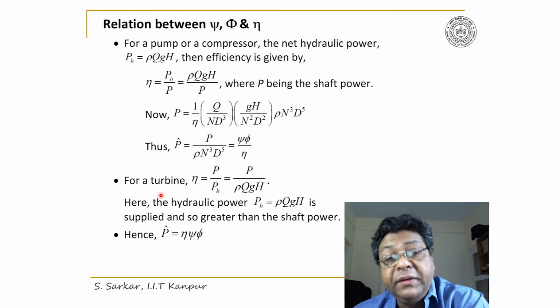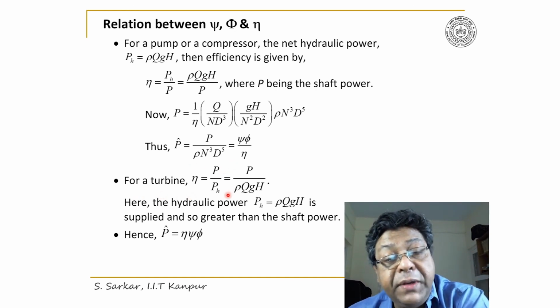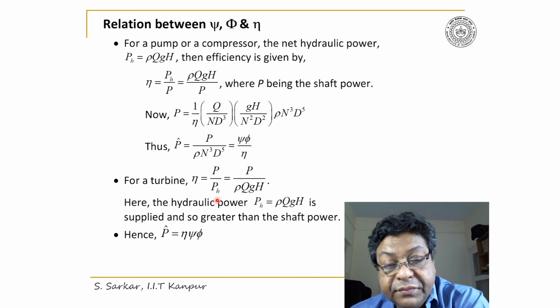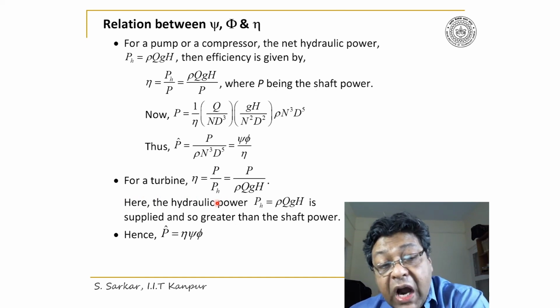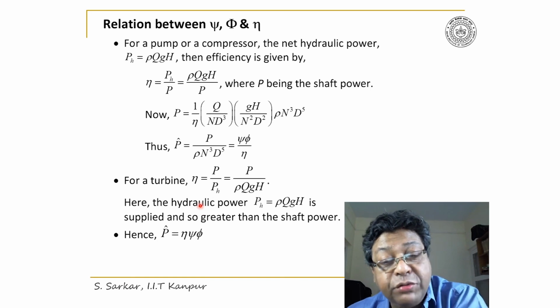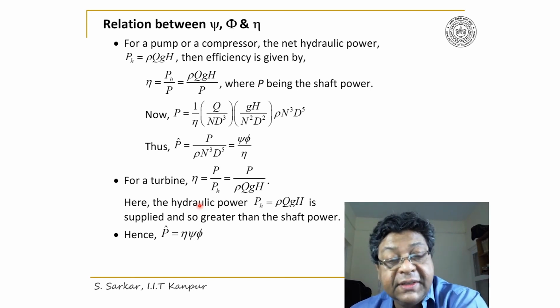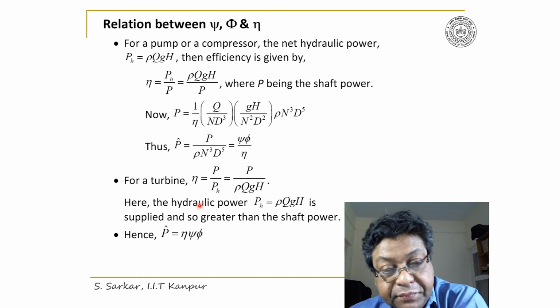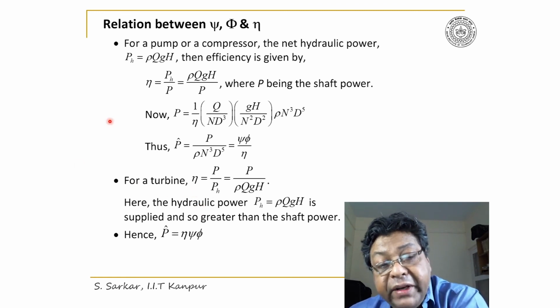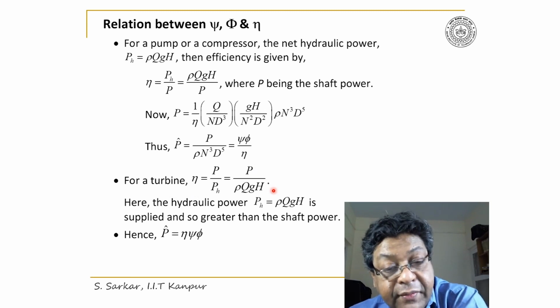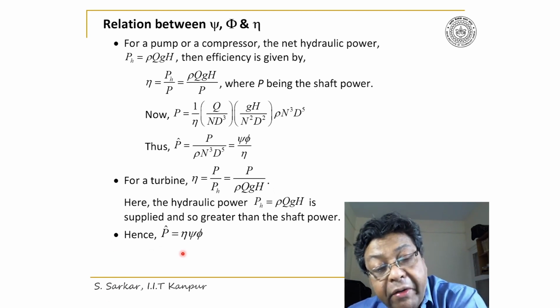Whereas for a turbine, eta can be defined by P divided by P_H. Now here, hydraulic power is supplied to the machine, so hydraulic power is greater than the shaft power. So thus eta can be defined as P divided by rho Q g into H. And thus one can easily prove here that P tilde is equal to eta into psi into phi.